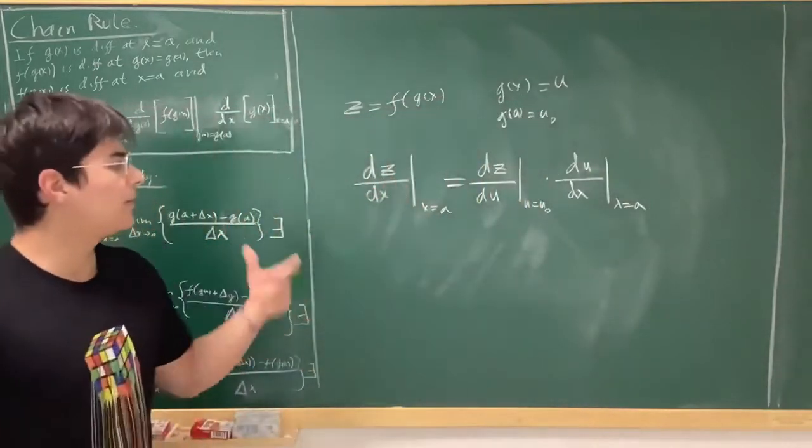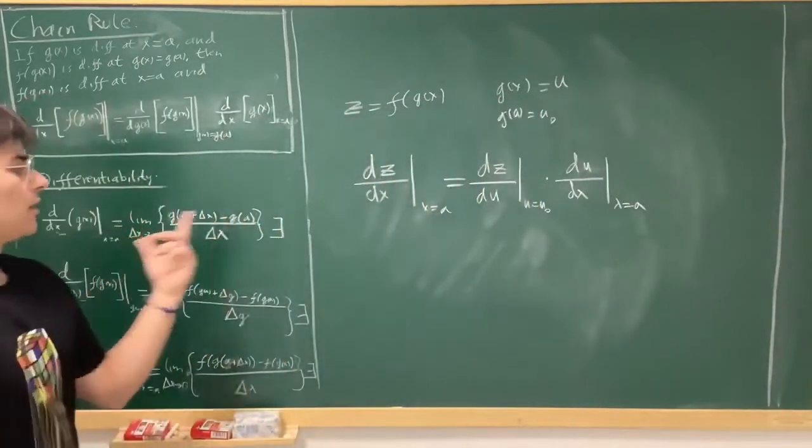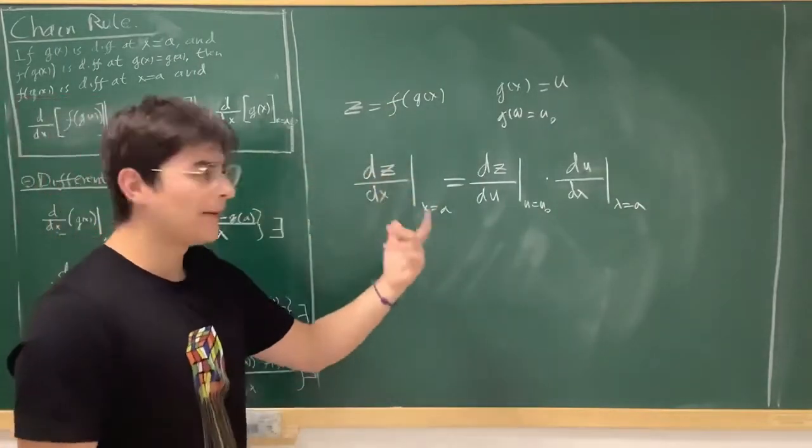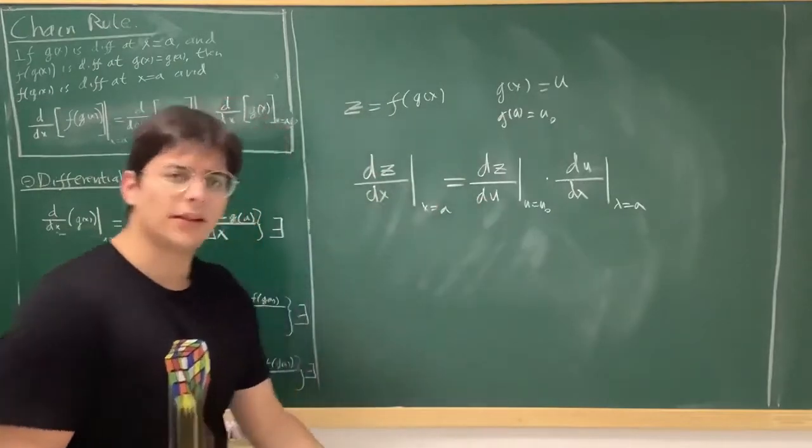So this is a more compact notation than this one, but all we're doing is just rewriting f of g of x as c and u as g of x.